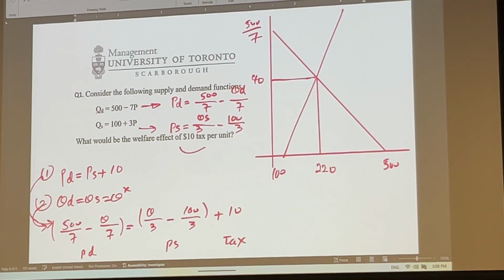So we get the quantity, which will be to the left of the equilibrium. That is what you're funding. That's the price consumers pay. That's the price producers get. We'll see what we get there.